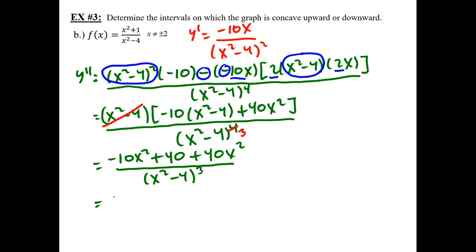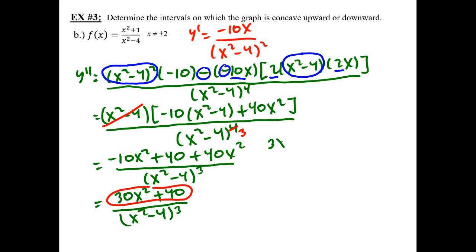Okay, so simplify further, 30x squared plus 40 all over x squared minus 4 raised to 3. So paano natin kukunin yung inflection point nito? So hindi tayo kukuha sa baba, tignan muna natin sa taas mismo kung makakakuha tayo ng critical points dyan.